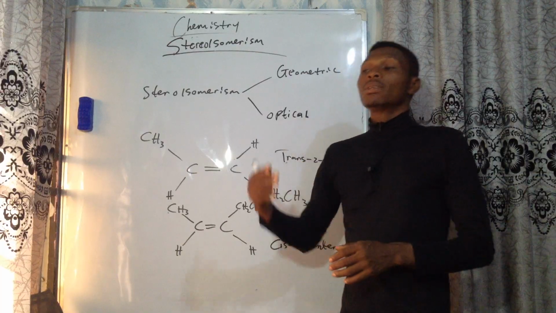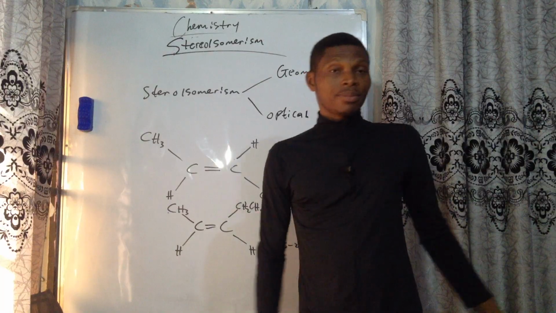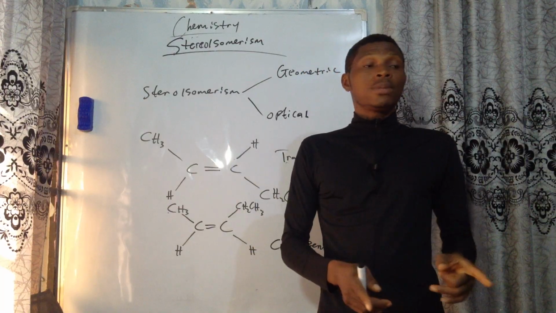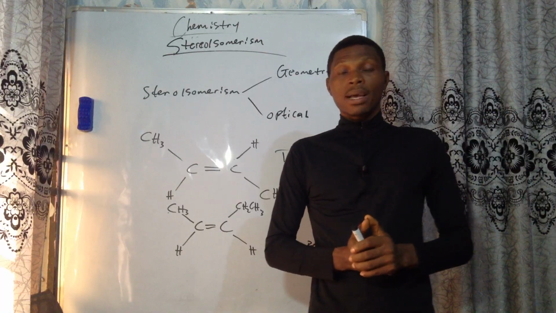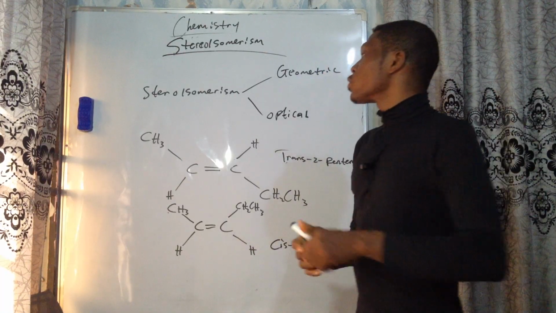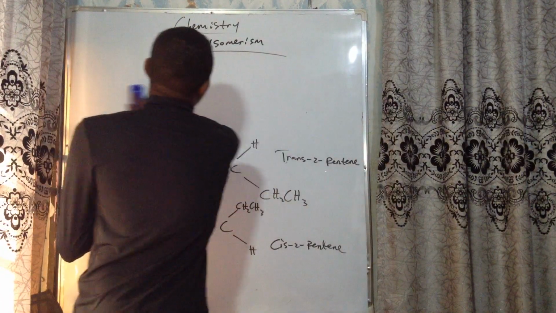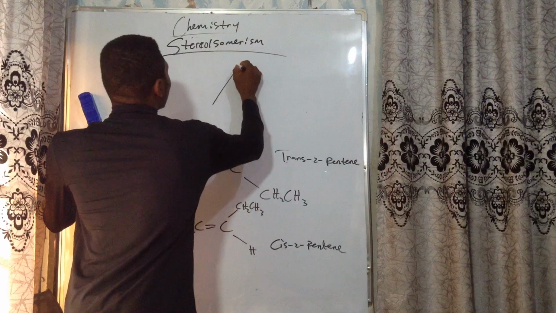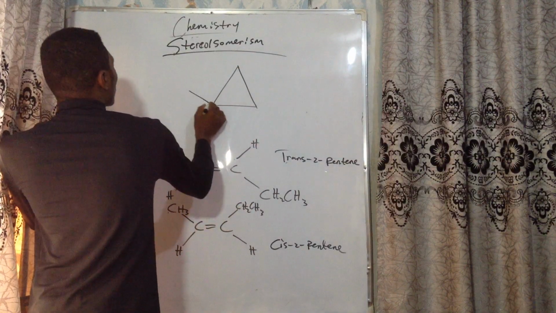In fact, another name for geometric isomerism is cis and trans isomerism. So this isomerism can also happen in a ring structure like this. This is an example of a ring structure.